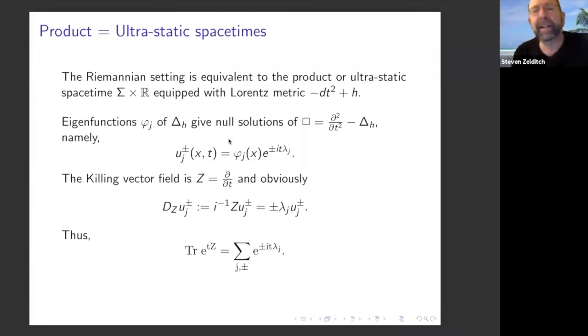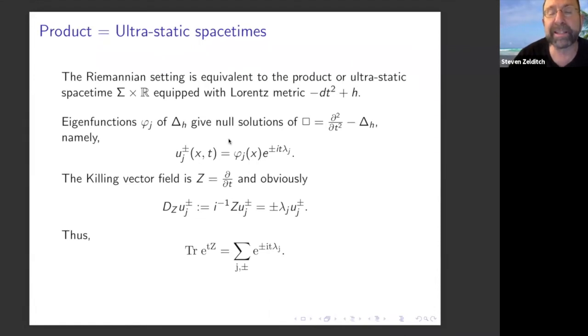As we know from teaching undergraduate courses in Fourier analysis, you get solutions of the wave equation by taking eigenfunctions of the Laplacian, phi_j of x, and multiplying by e to the plus or minus i t lambda_j, where the lambda_j are the eigenvalues of the square root of the Laplacian.